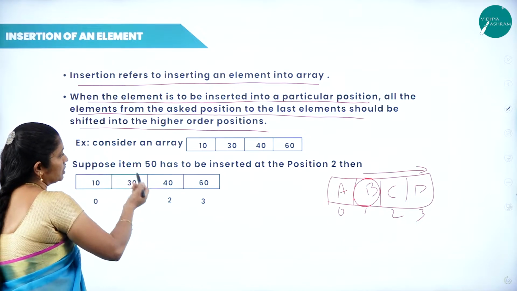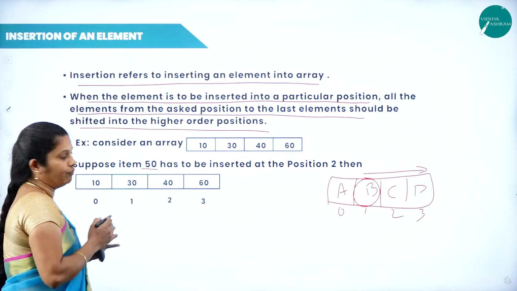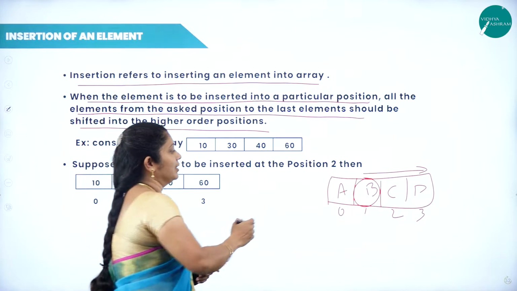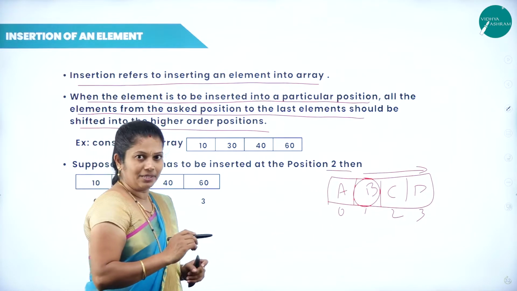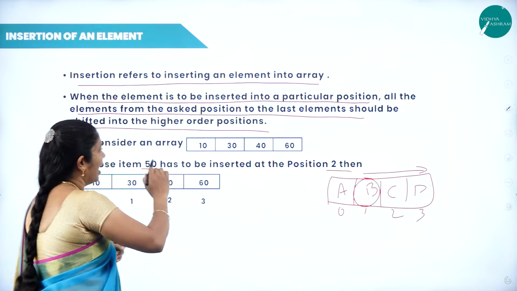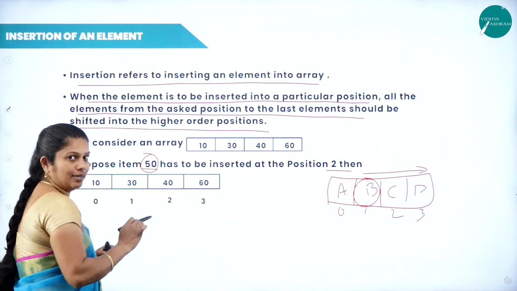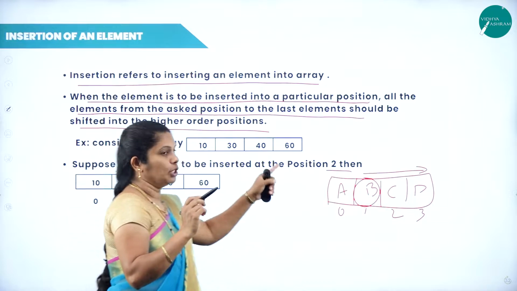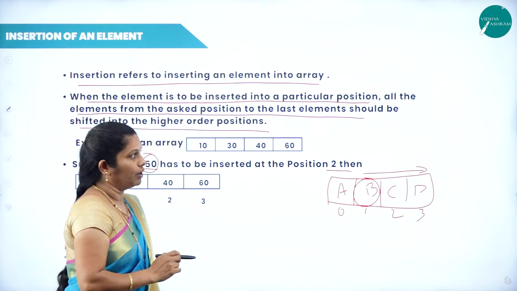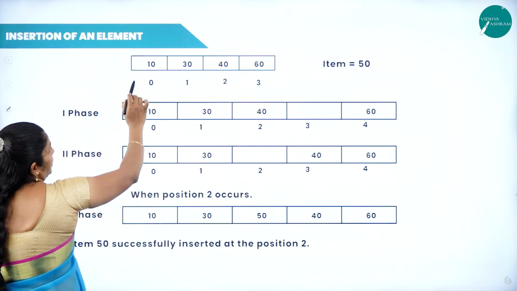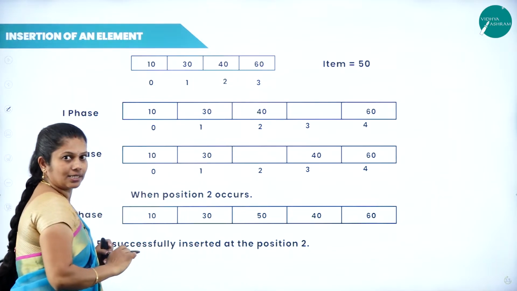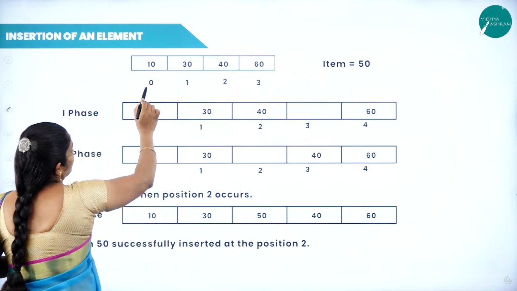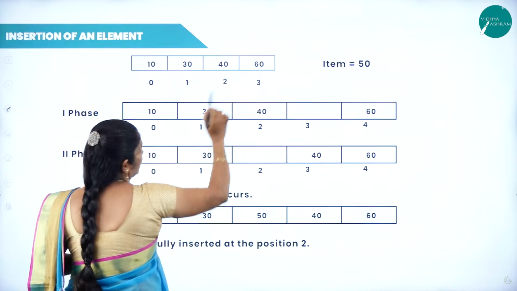Now, how to perform insertion? Suppose you want to insert an item 50 at the position 2. Consider this is the array element. On that array, I want to insert a new item 50 at the position 2. Already you know the array elements 10, 30, 40 and then 60, position wise 0, 1, 2, 3.